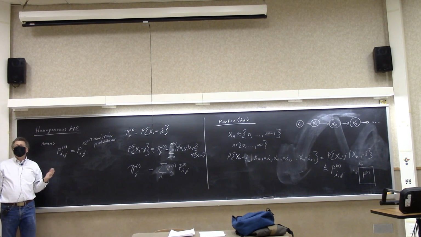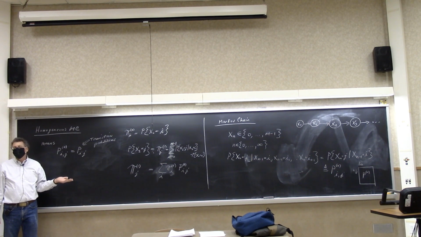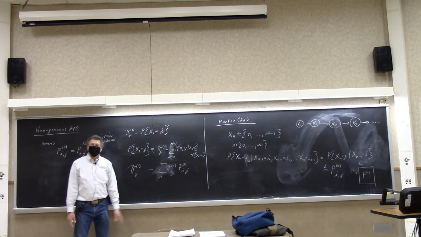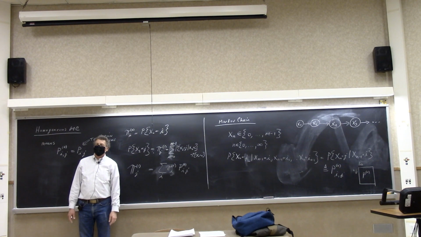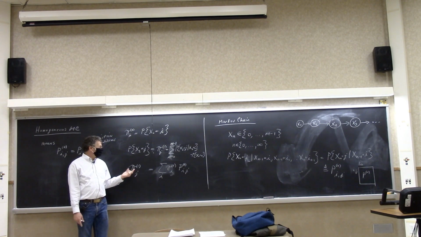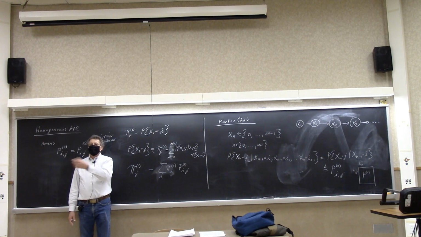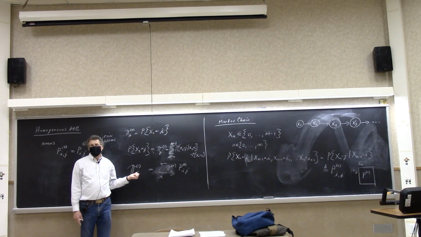But a necessary, not sufficient, condition is that the pi's are not a function of time, right? Because the pi's are the marginal distribution of individual samples, so they should not be a function of time. If these are a function of time, it can't be stationary, right?